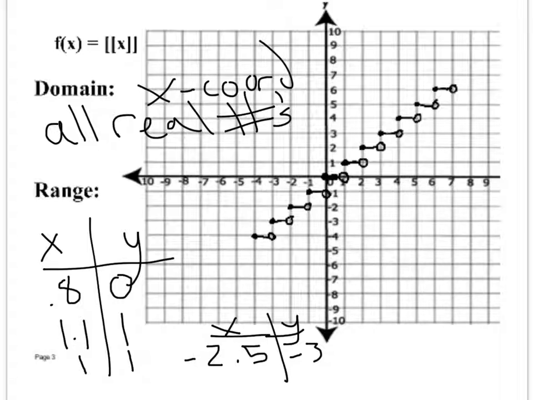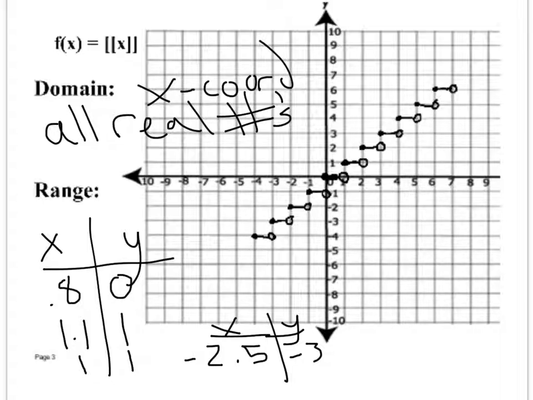Could 9 be included in this function? Yes. 9.9, yes. So all real numbers. We know that because it continues going in both directions. It includes every x coordinate on there, doesn't it? So that's why it's all real numbers.